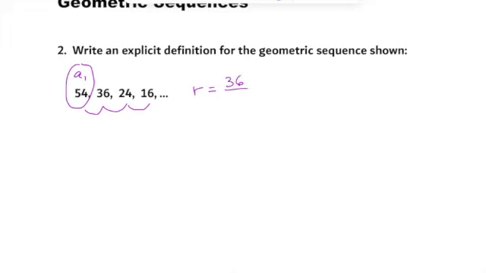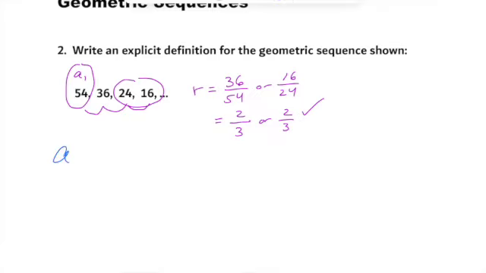If you take 36 and divide by 54, they're both divisible by 18, that reduces to 2/3. Or if the terms are getting smaller, sometimes it's easier to grab a later one. Working without a calculator, 16 divided by 24, both divisible by 8, still gives you 2/3, so that's your r value.